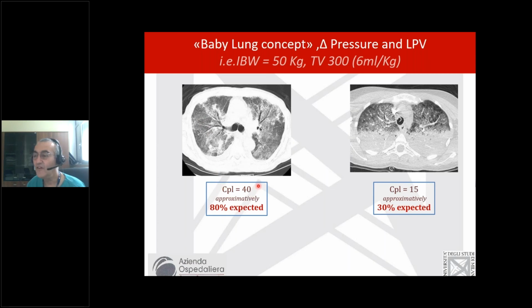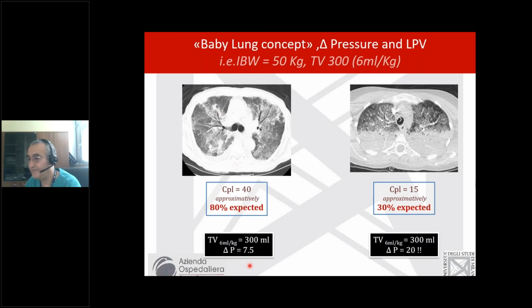We have 40. A compliance of 40 in a 50 kilogram subject is approximately 80% of the expected. In fact, the vast majority of the lung is open. So the tidal volume is 300 ml, the compliance is 40. How much is the driving pressure? 7.5. It's a very safe driving pressure.